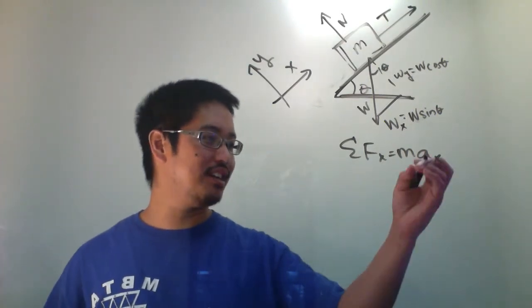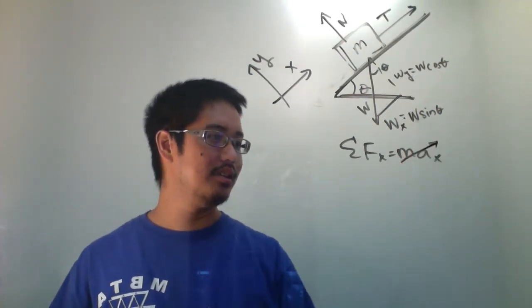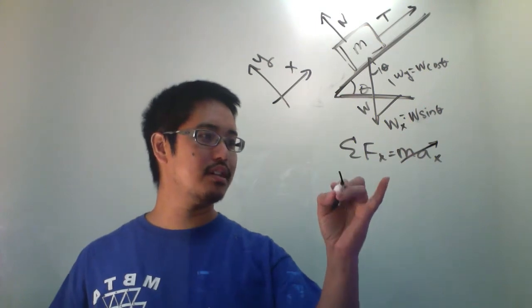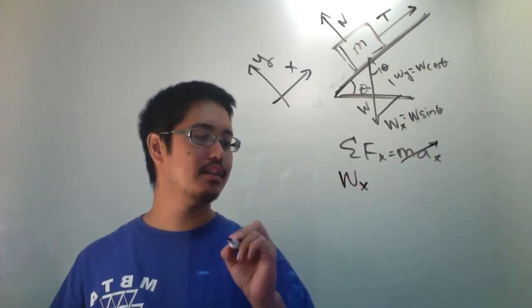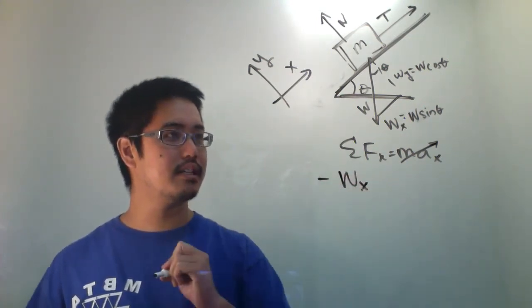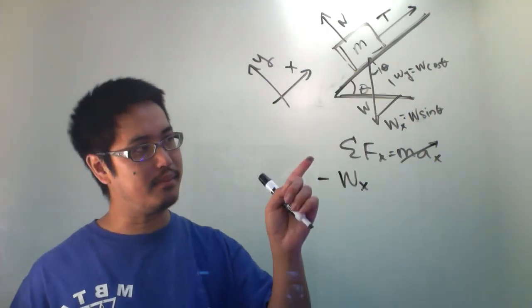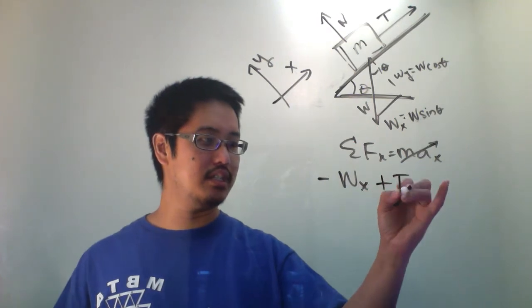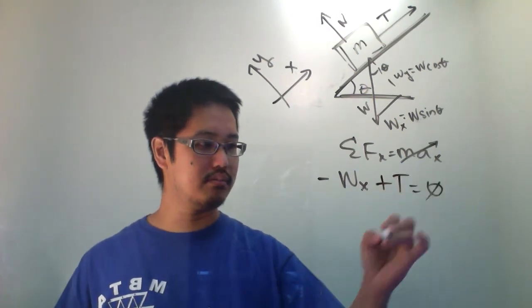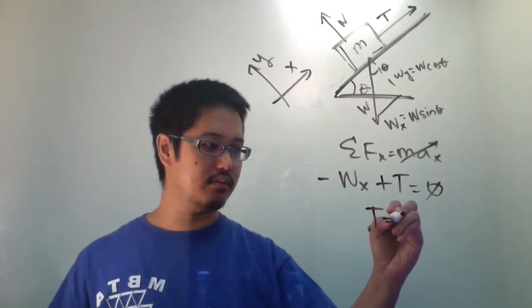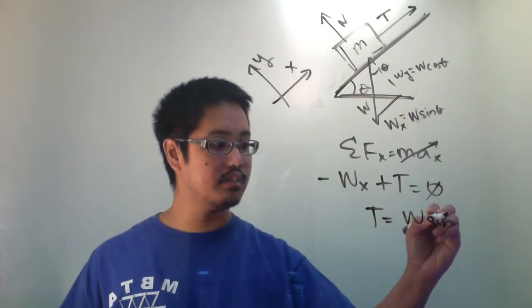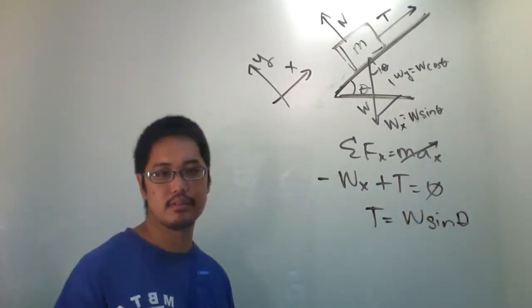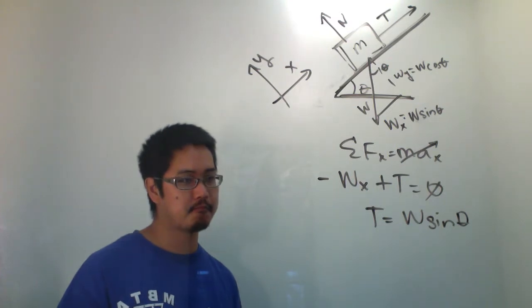So he's not accelerating, zero acceleration. So adding up all the forces, I've got negative Wx because it's going down and my positive direction is up that way, and I've got positive tension, equal to 0. So tension is equal to W sine theta. Are we cool? Alright.